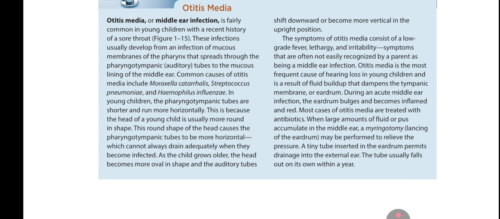So, when that happens, it's going to be inflamed, and it's going to be open. I'm not pretty sure.